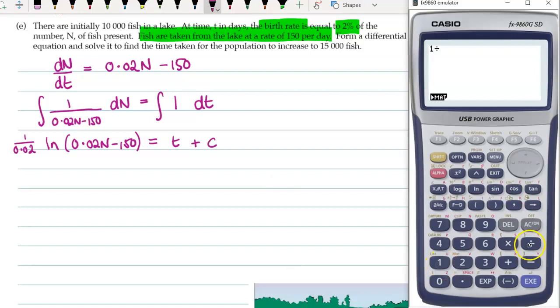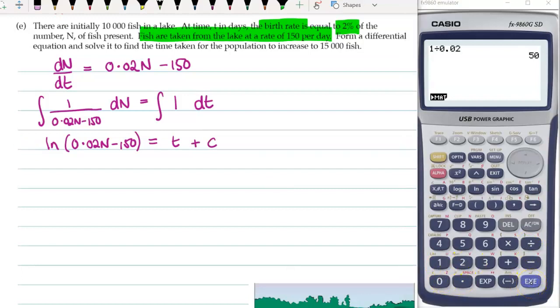Now 1 divided by 0.02 is 50, so I can put that just there. My next line will be 0.02n minus 150 will be equal to 1/50th t plus c. I don't need to bother writing that the c is also divided by 50, because at this point we haven't worked out what c is. It's a constant, it's a placeholder, so it can just hold all of the numbers we need it to in there until we work it out.